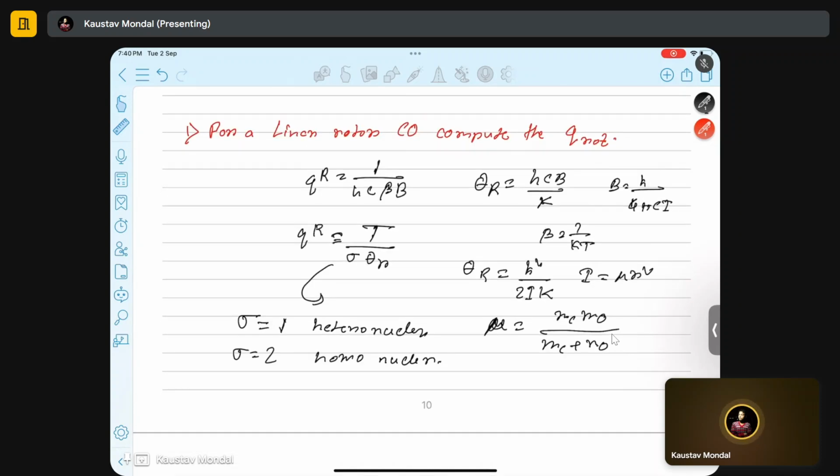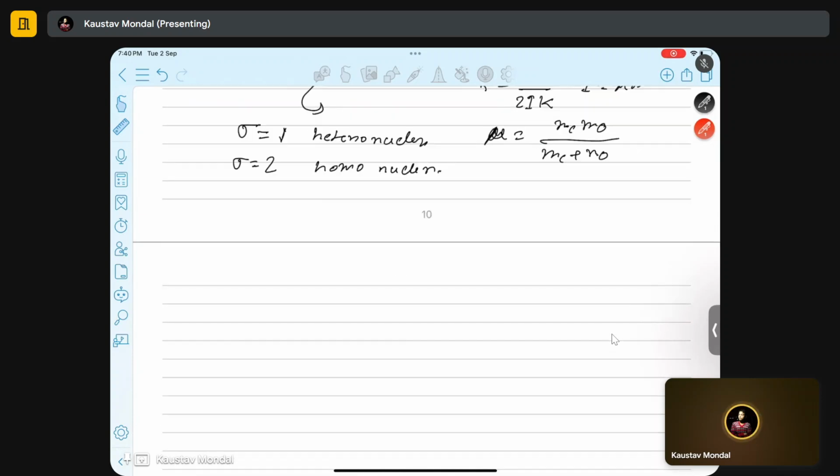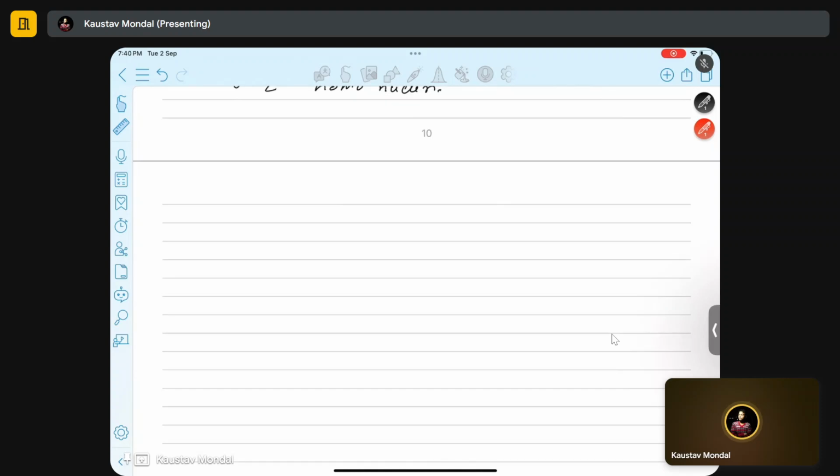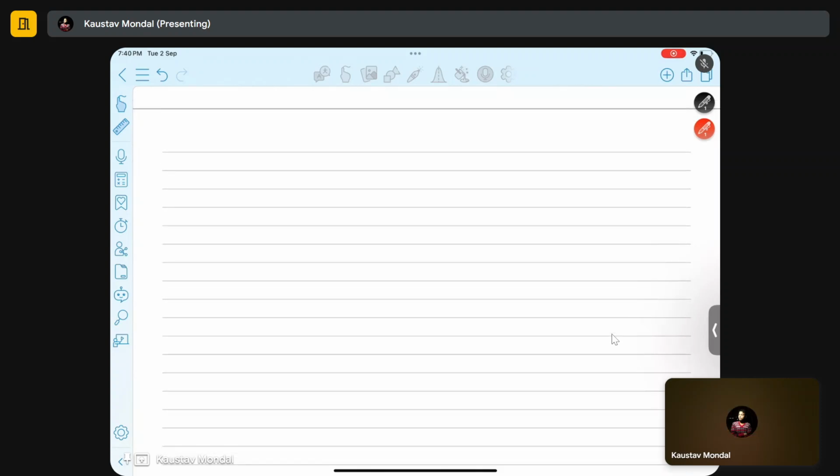Having said that, we have most of the information. For CO, the bond length is given as 1.128 angstrom, so you can calculate the moment of inertia.